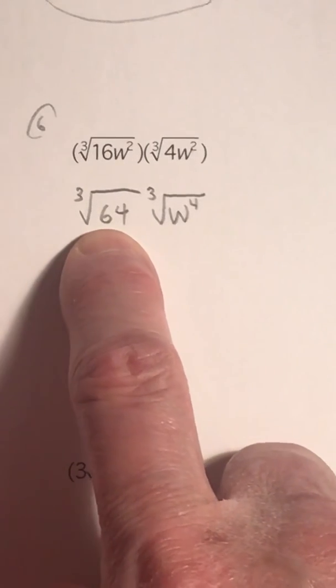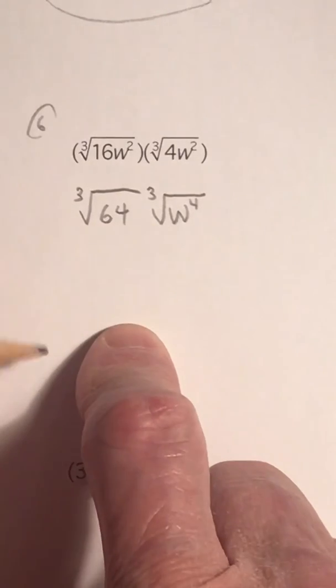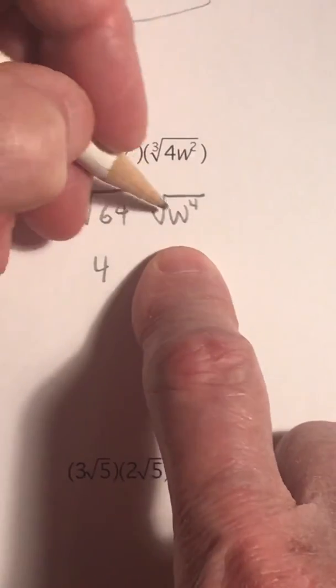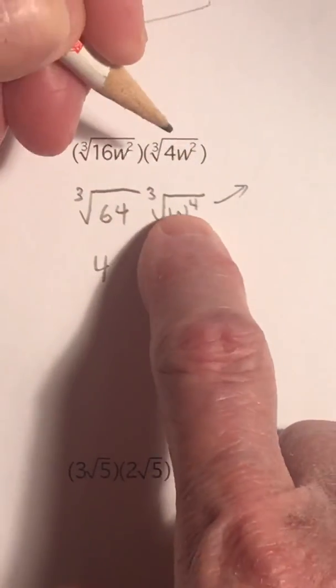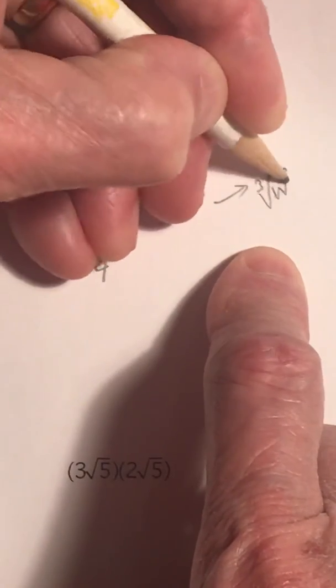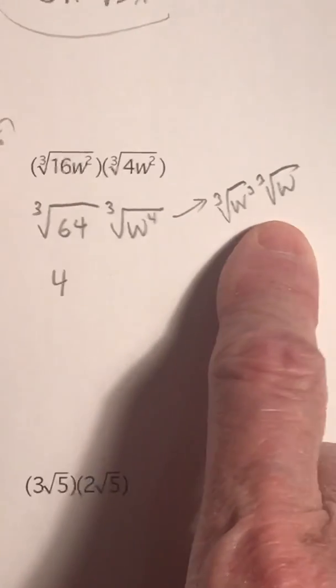This is a perfect cube. That's the third power of 4. 4 times 4 times 4 is 64. So that becomes 4. And for this little side note here, 4 is not divisible by 3, but I can think of that as cube root w to the third times cube root w.